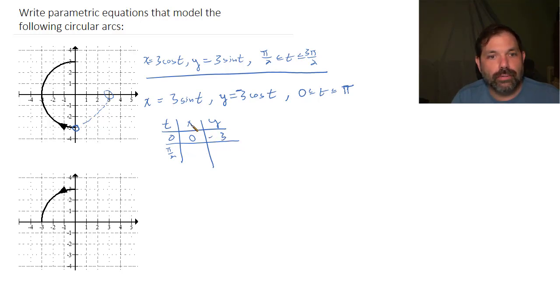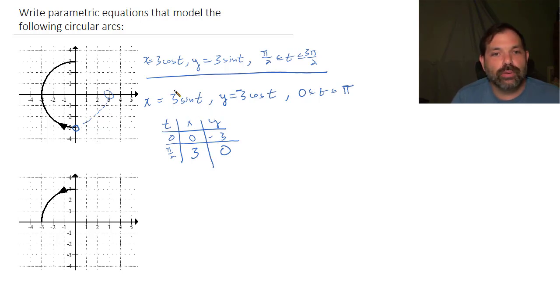Then, if t is pi over 2, the sine of pi over 2 is 1, so x is 3. And then y would be 0, because the cosine of pi over 2 is 0. So that doesn't work either.